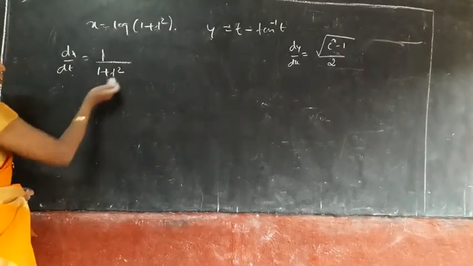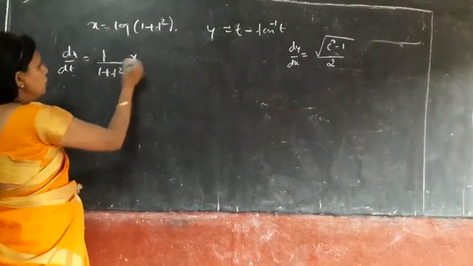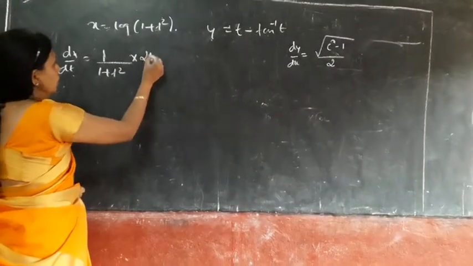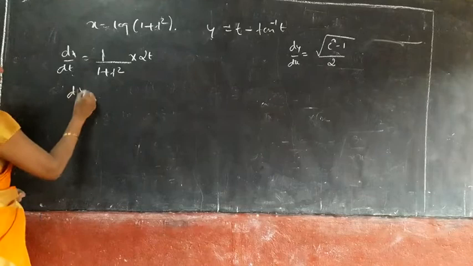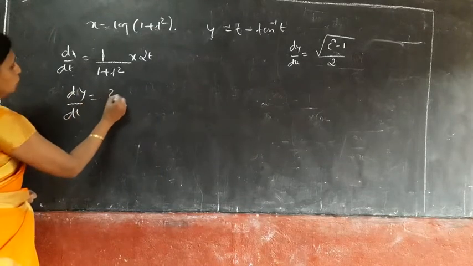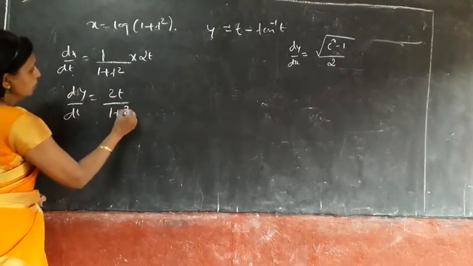This is a log function: 1 upon the function into differentiation of this function, which is 2t. Therefore, dx/dt equal to 2t/(1 + t²).